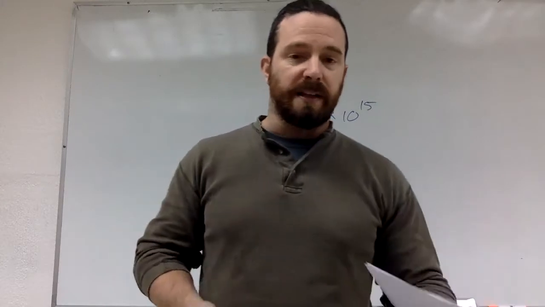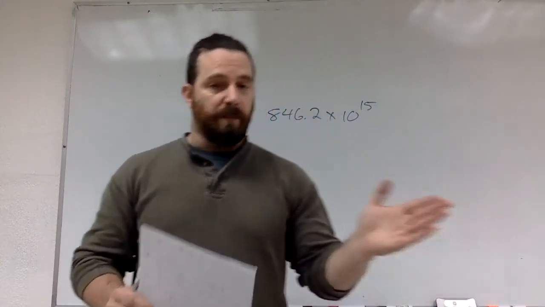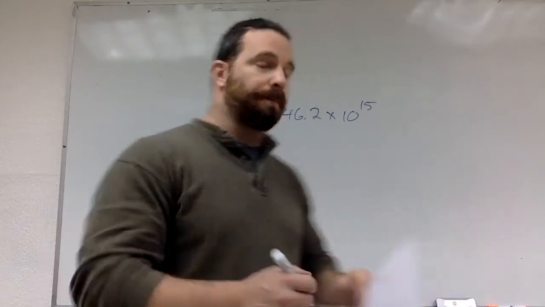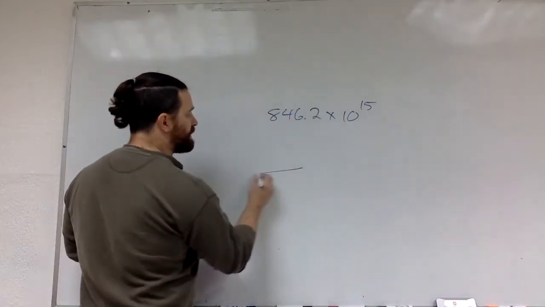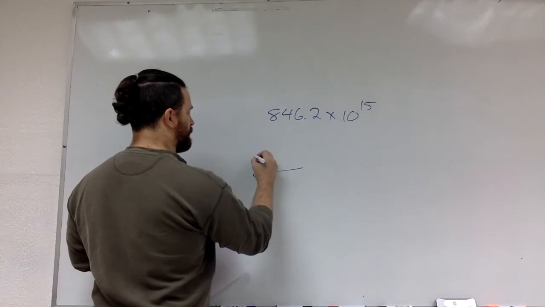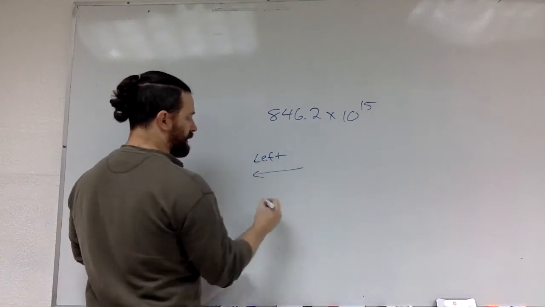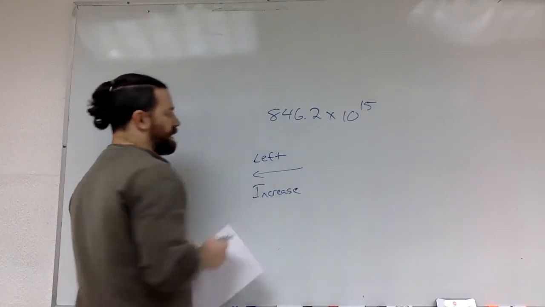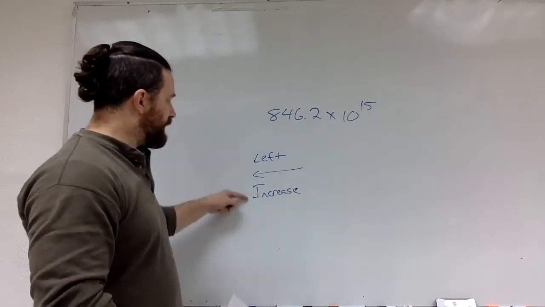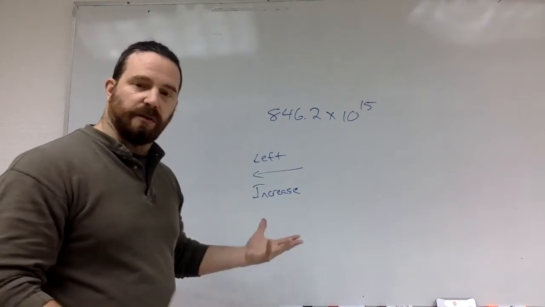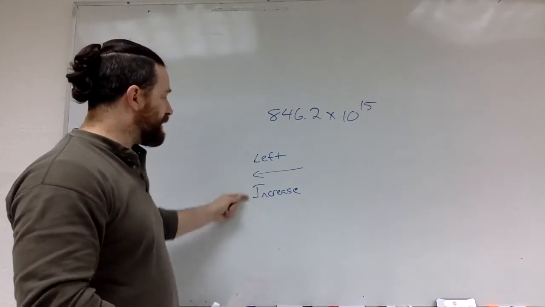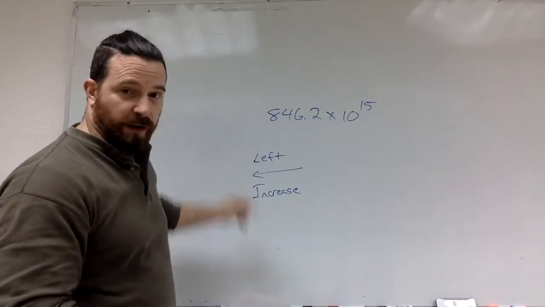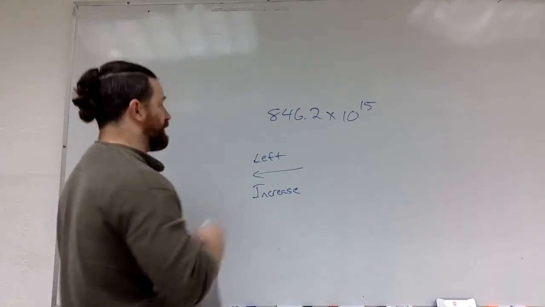And so I came up with an easy way for you to remember. Depending on what way I move the decimal, do I increase or do I decrease? So whenever you move the decimal to the left, it's going to increase. Now, you look at these 2 words, left, increase. I don't see an easy way to remember why this one would mean increase. But what if instead of the English word for left, we use the Spanish word for left, izquierda?